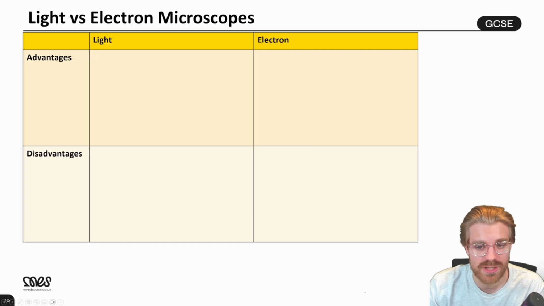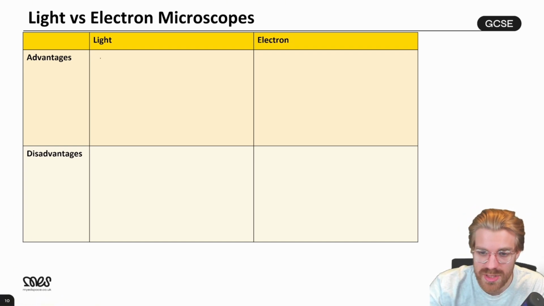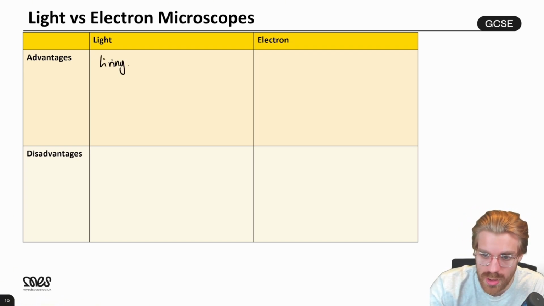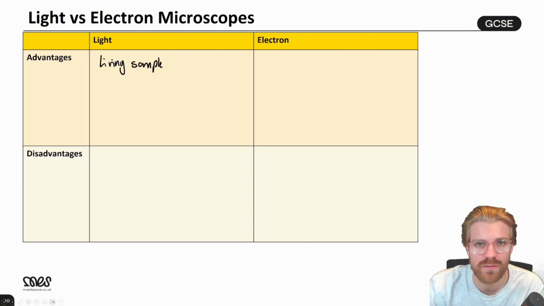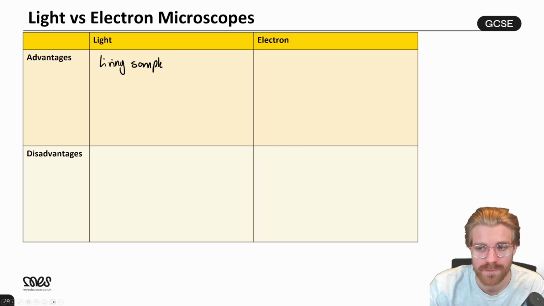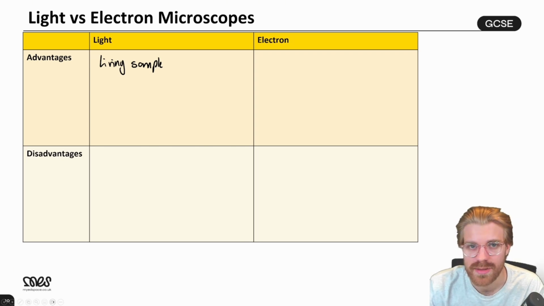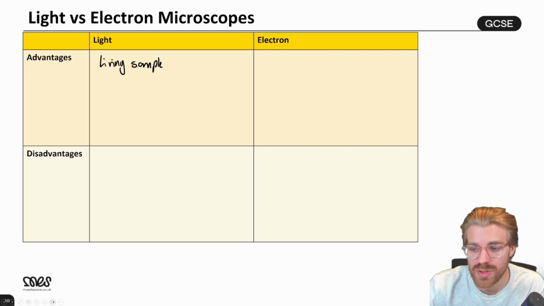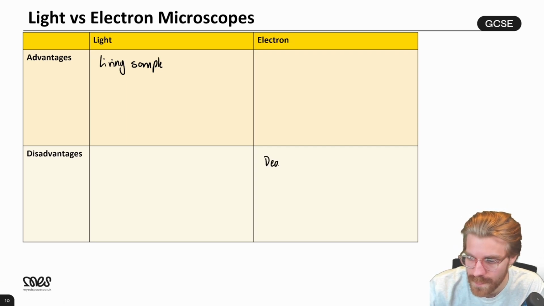Well, one of the big advantages of a light microscope is that we can use a living sample. We could look at the movement and the behavior of a living sample, of a cell, perhaps some invertebrates as well. An electron microscope, the disadvantage is it needs a vacuum to be able to function, and so the sample must be dead.